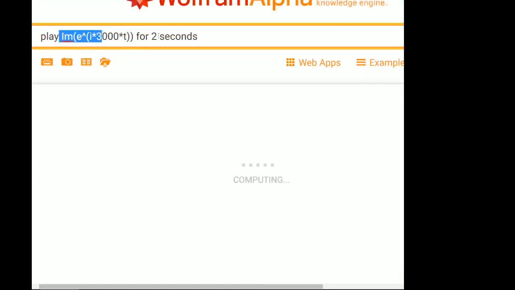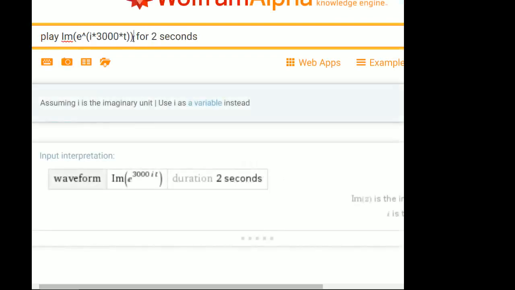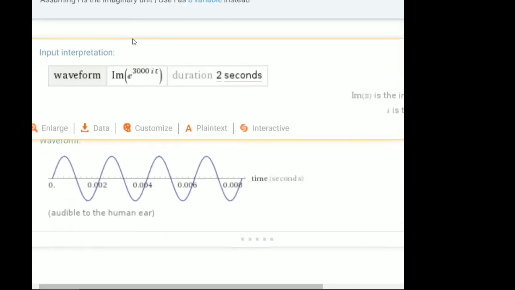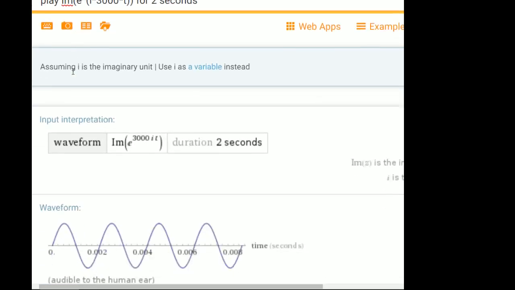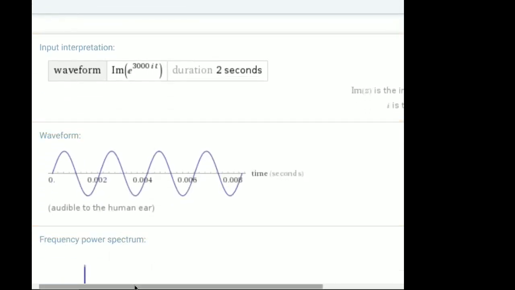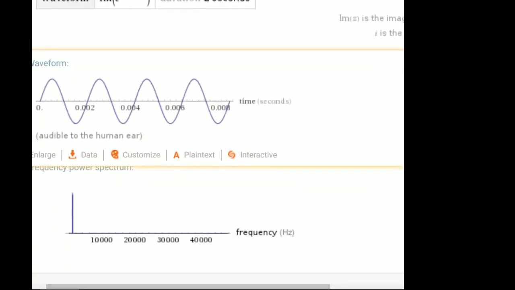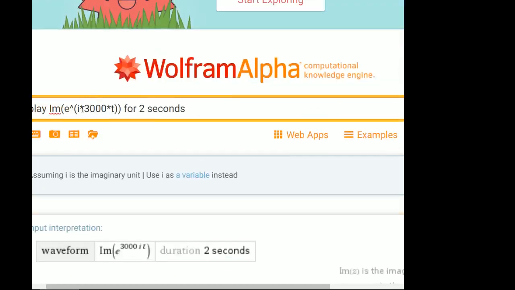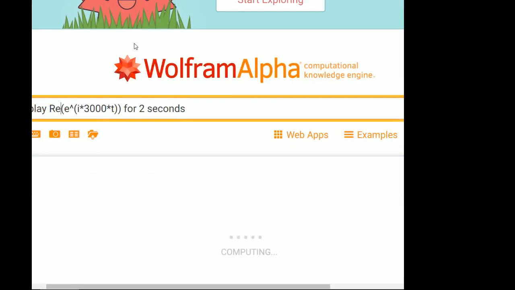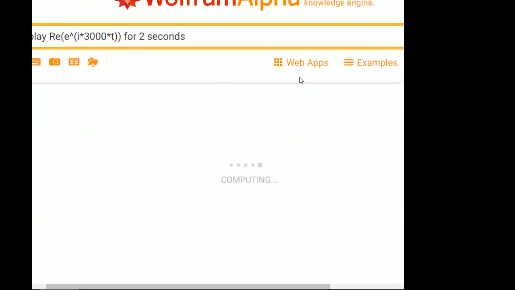So this is equivalent to a sine, if I'm correct. Yes, it's a sine. So we find back the sine. You can also do the same thing with the real part. It's equivalent to a cosine, and it will just have a different phase.